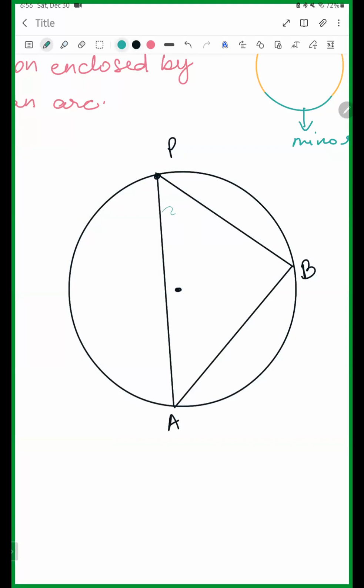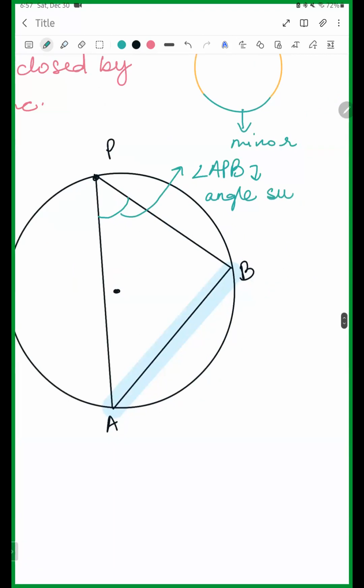Okay. This angle is called angle subtended by AB at point P. I'm going to write it here. Angle APB. This is called angle APB. This is angle subtended.